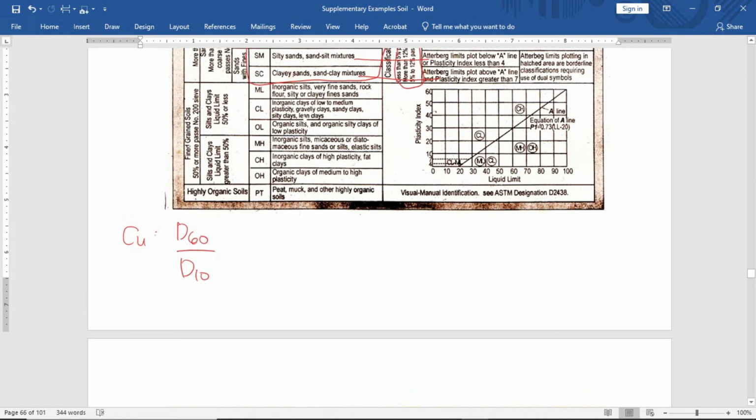Like earlier, 2.3 over 0.17. So 2.3 divided by 0.17 is 13.52, which is greater than 6. So it is okay on that condition.